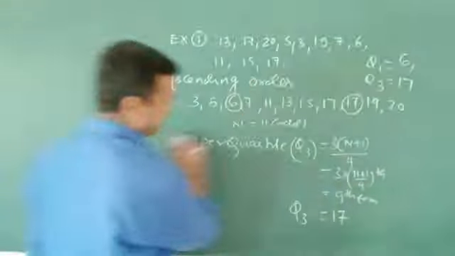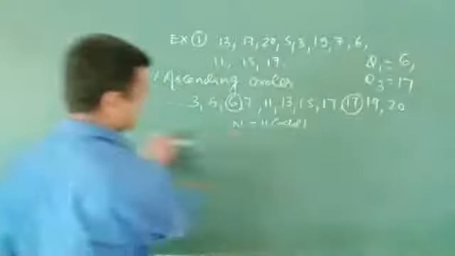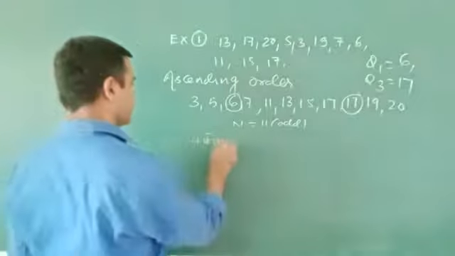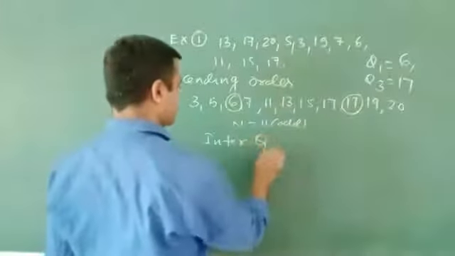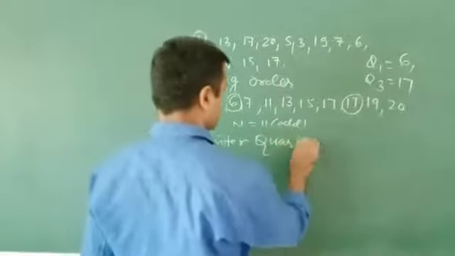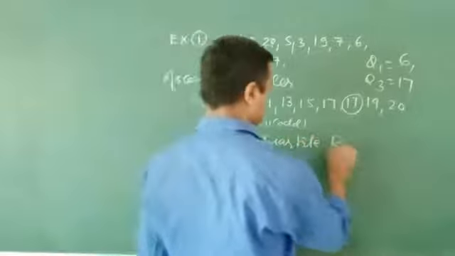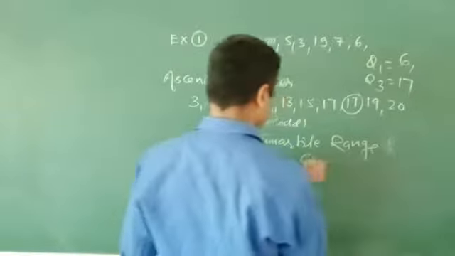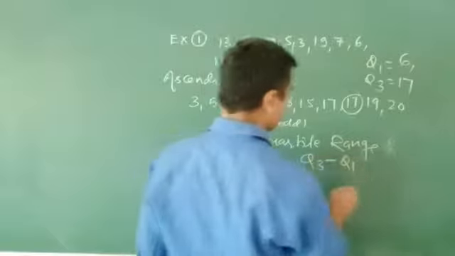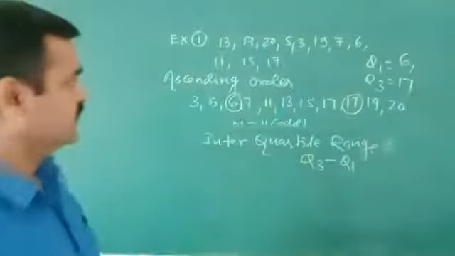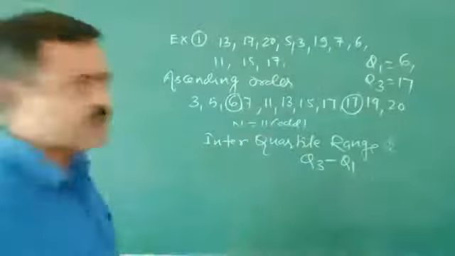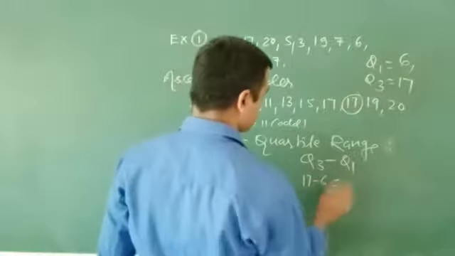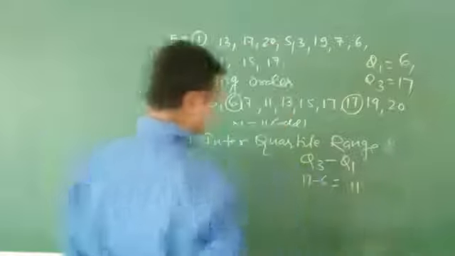Then the next is interquartile range. This is equal to Q3 minus Q1. 17 minus 6 equal 11.